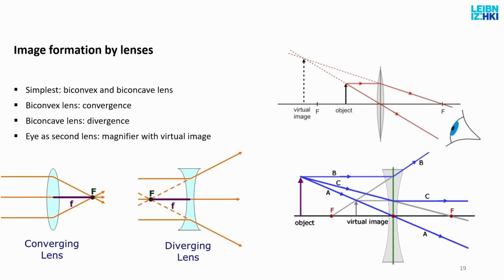So the image will not be upside down. The image will be correctly oriented. And what I also realize is that this is a so-called virtual image. Why? Because, as I said, if I put a piece of paper or a screen here, I will not see an image. It's not formed by the meeting of the light beams. It's only formed because I'm looking at it with a second lens or with my eyeball.